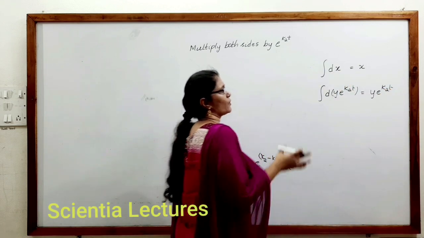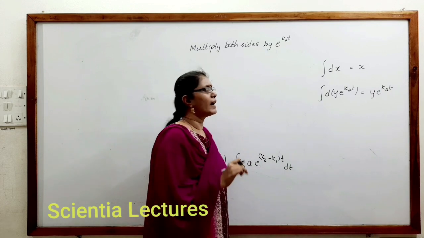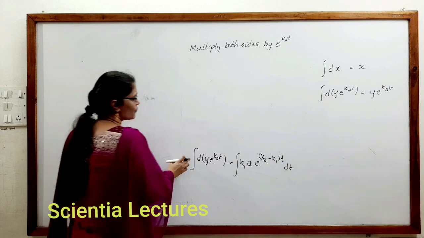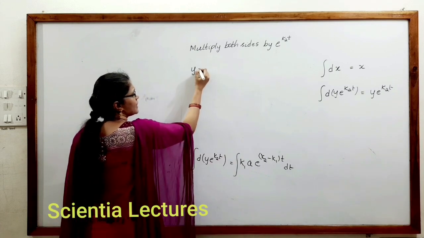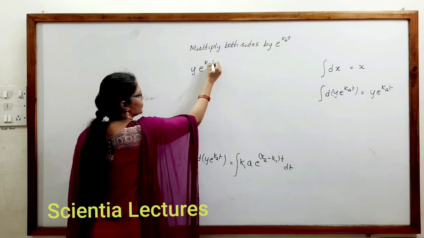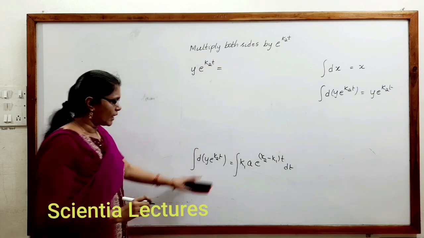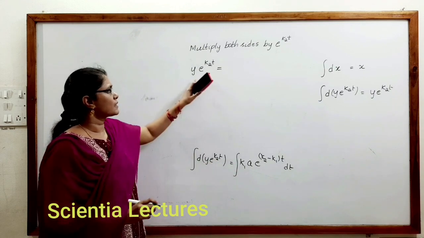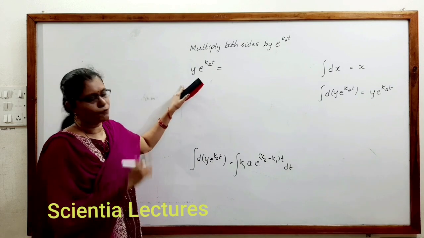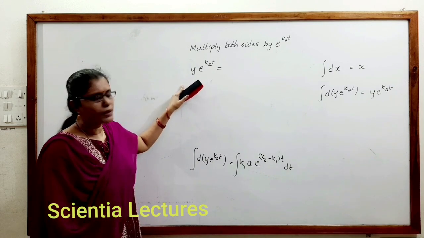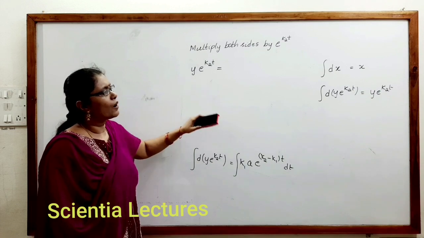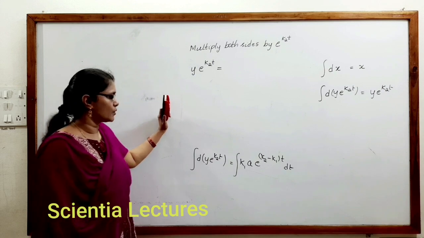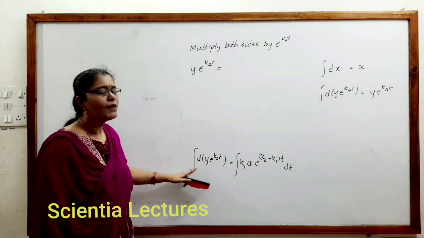So the integral of d(y e^(k2t)) must be equal to y e^(k2t). This is the integration part of the LHS.